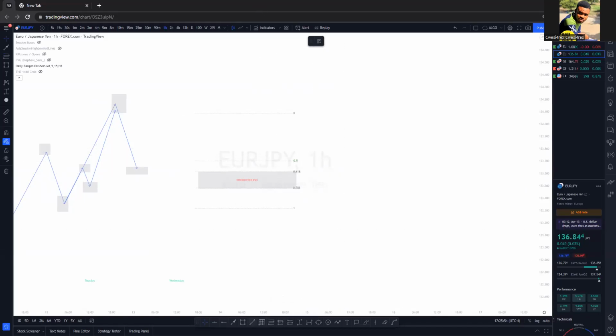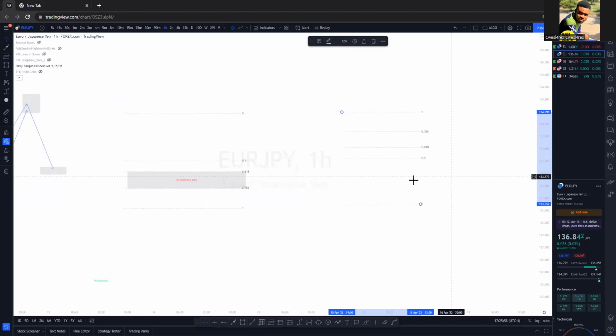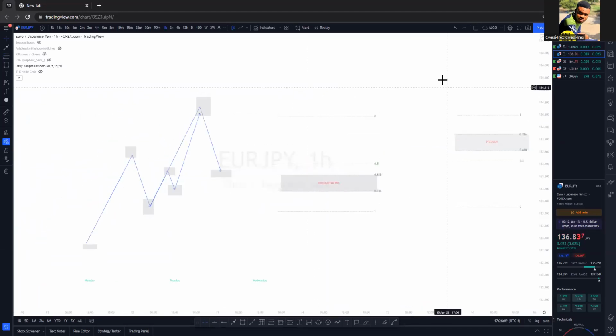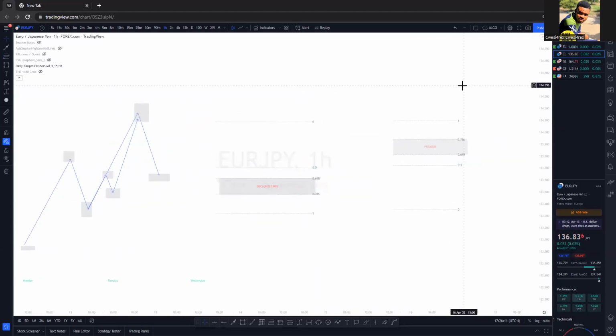Then we have the premium price also. When it comes to selling, when you are looking to sell, we only look for POIs within our premium price, right? So this is how to get a perfect order block for your continuation or reversal trades.